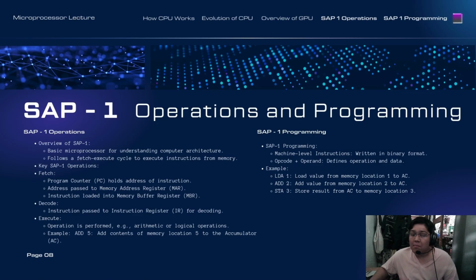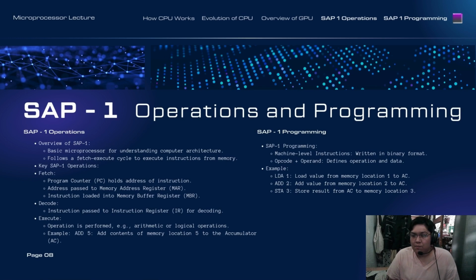Now, my main key takeaway from these full topics, from our exploration of CPU and GPU architecture, the evolution of processors, and the basics of SAP1 operations and programming, is the importance of understanding how computing systems have developed to handle increasingly complex tasks.